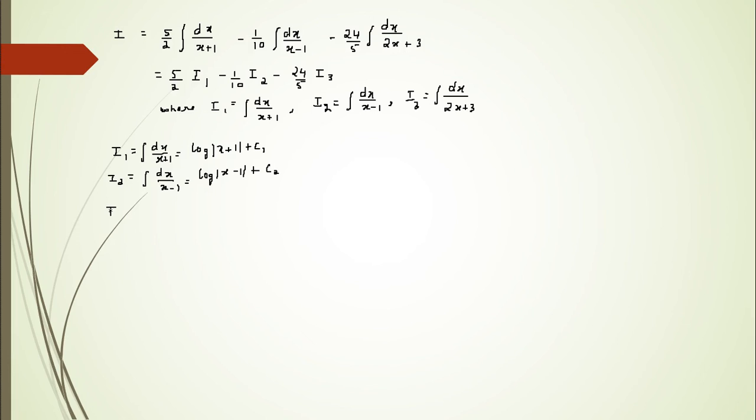and I3 is equal to integral dx by 2x plus 3. So here we'll let 2x plus 3 is equal to t. Now differentiating both sides, we get 2 dx is equal to dt. Therefore dx is equal to dt by 2.